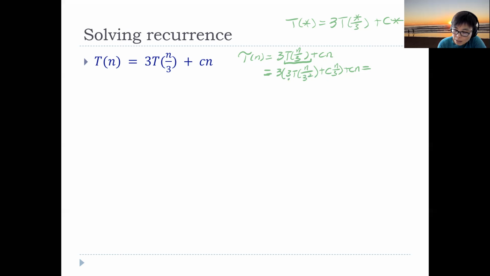So when you write it out, you see this is 3 squared, and this term gives you another cn. If you do it one more time, inside the problem size is divided by another factor of 3, so that's 3 cubed, and outside you multiply by another factor of 3. This gives you another additive term of cn. So now you have 3cn, and so on.